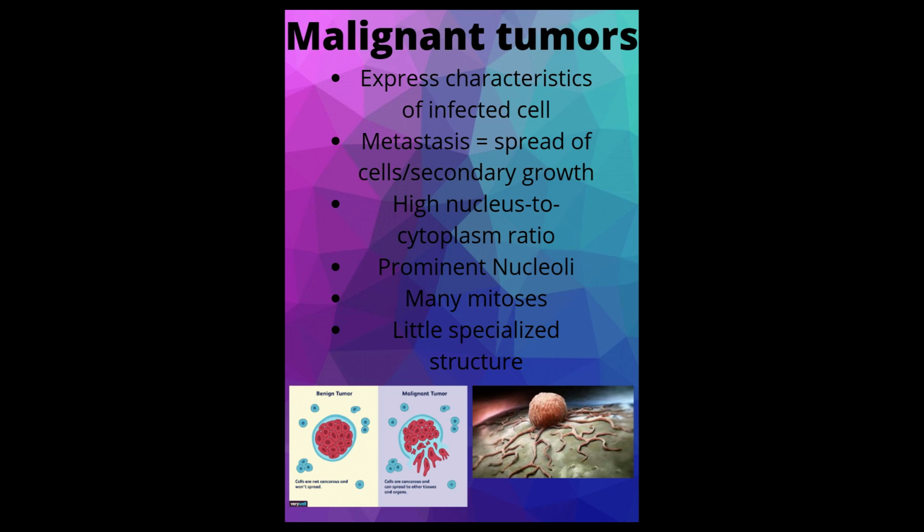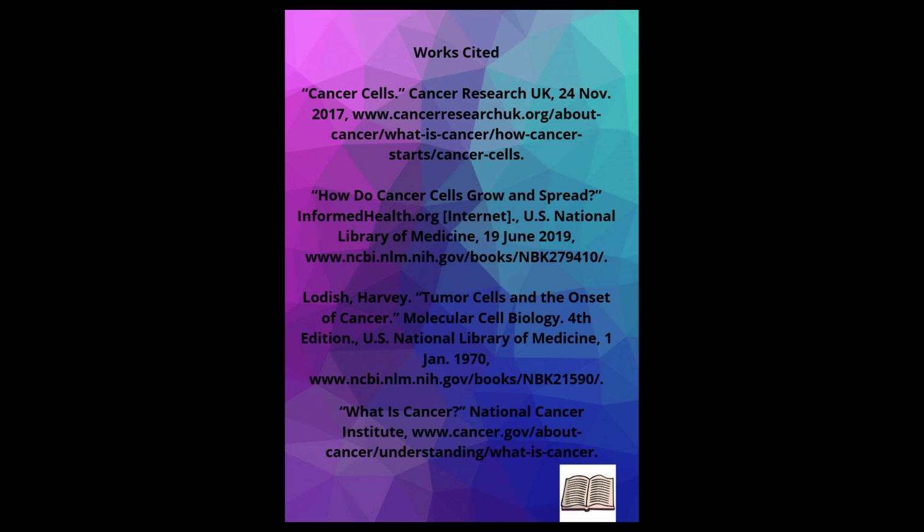Some ways that you can tell the difference between a benign and a malignant tumor are a high nucleus to cytoplasm ratio, a prominent nucleoli, many mitoses, or the splitting of cells, and little specialized structure. As I said earlier, they don't specialize, and they don't differ between each other very much, unlike normal cells.